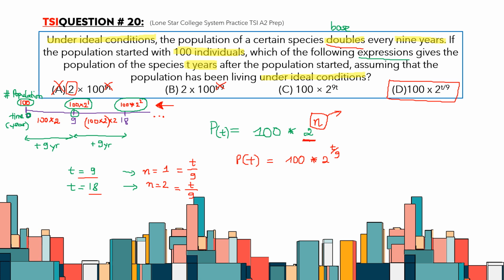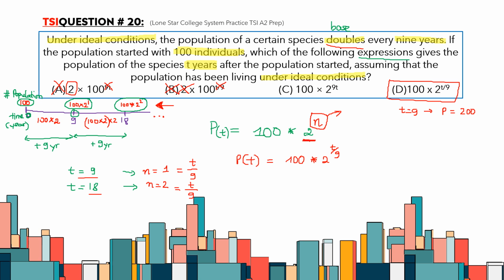Based on that, we eliminate B because it has the 2 in front as well, the 2 by itself. And then for C and D, we know that after 9 years, when t equals 9, the population should be 200.